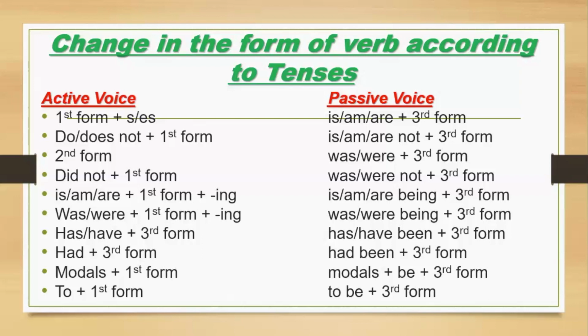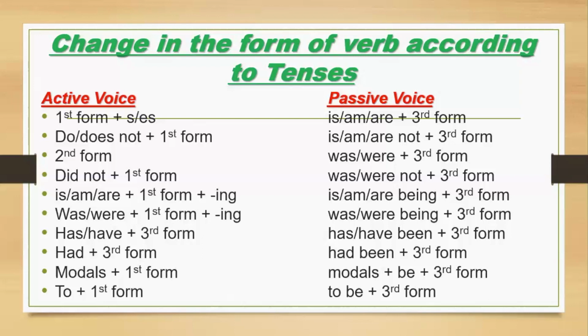Next is to plus first form of verb. Like we say, to start. If there is a word to start in a sentence, it will change into to plus be plus third form of verb. How? To be started. So in this also we will only add be.